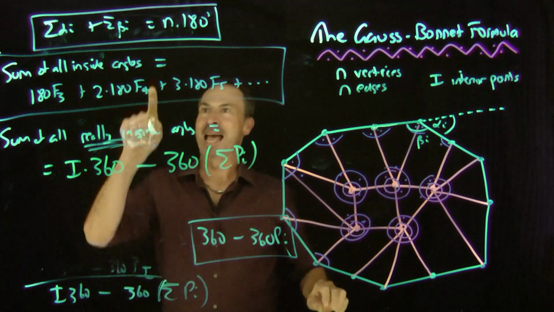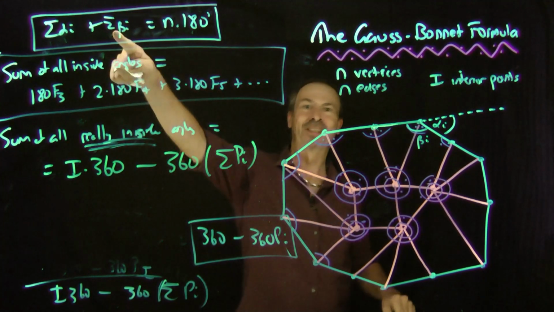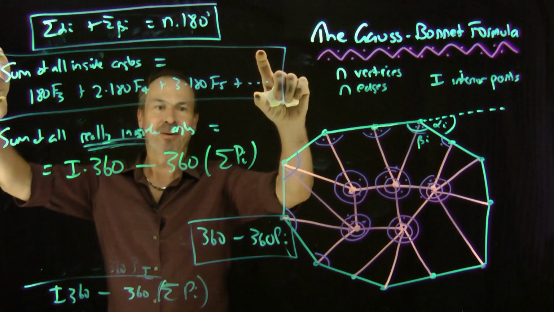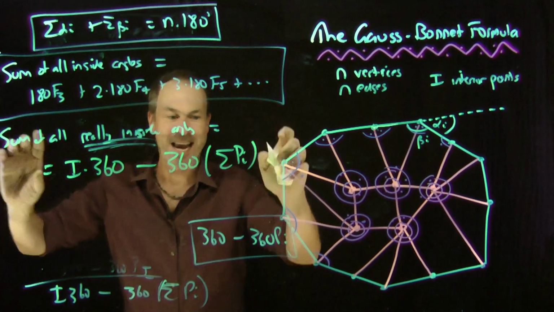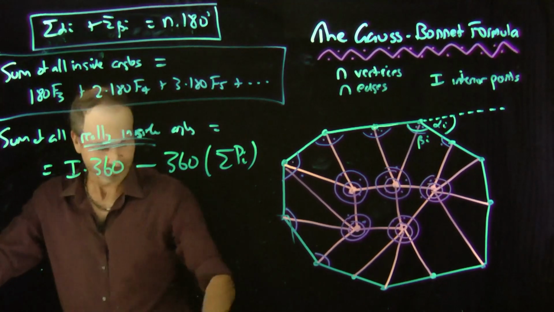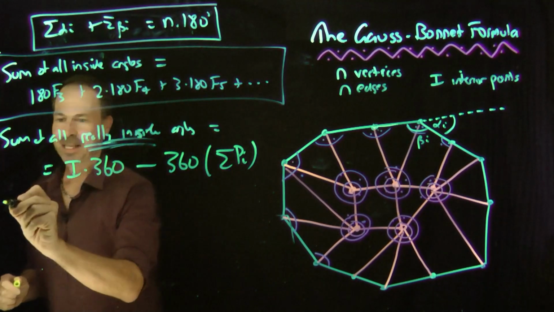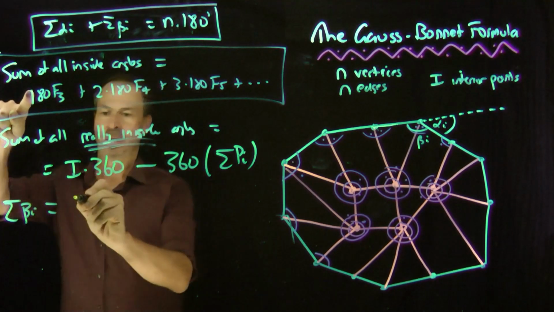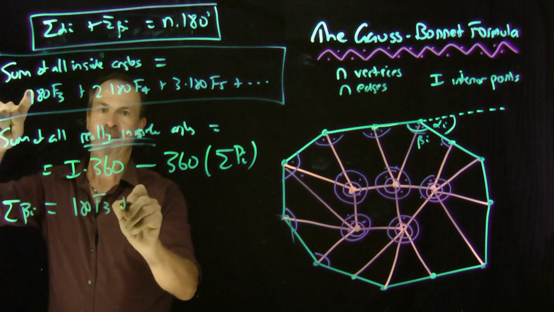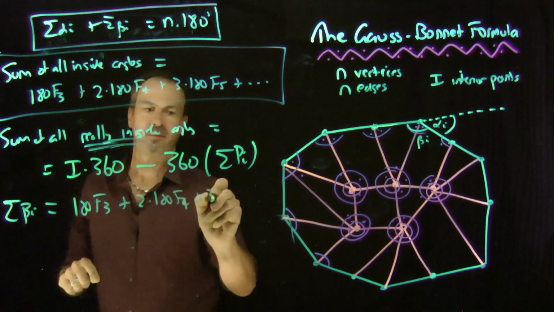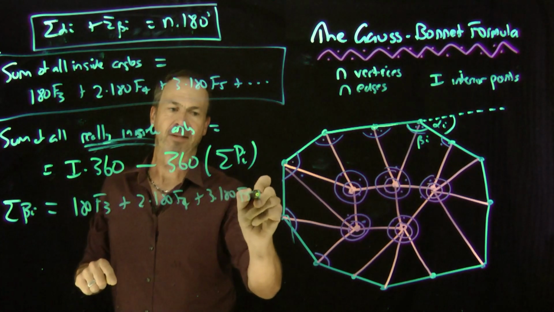Bingo. Now I can start writing a formula for the sum of the interior angles, because it would be all the inside angles, take away all the really inside angles, that will do the trick. I'm excited because I can write that down. I now know the sum of the interior angles is going to be this formula: 180 F3 plus 2 lots of 180 F4 plus 3 lots of 180 F5 and so on forever.